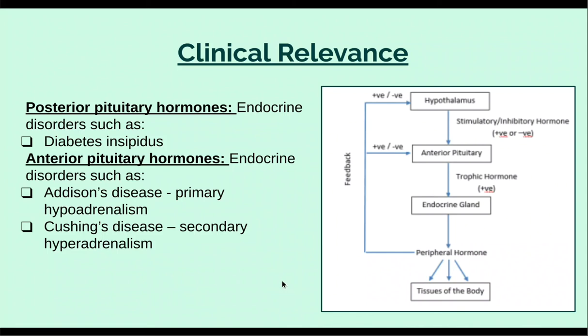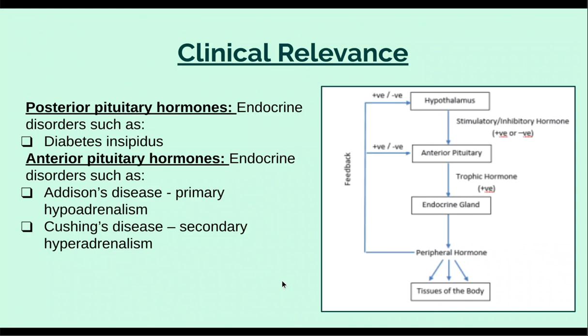In the case of Addison's disease, it's a disorder in which the adrenal glands do not produce enough cortisol and aldosterone. So this can be because of some autoimmune response, or it can be because of some injury to the gland itself, or infection or tumor. And so you can have some GIT problems, you can have hyperpigmentation of the skin, you can have some unintentional weight loss as well.